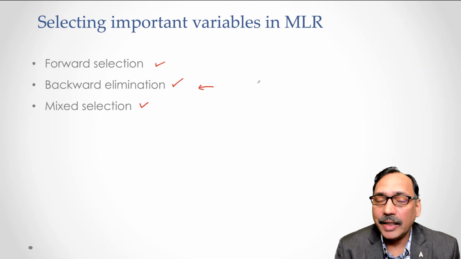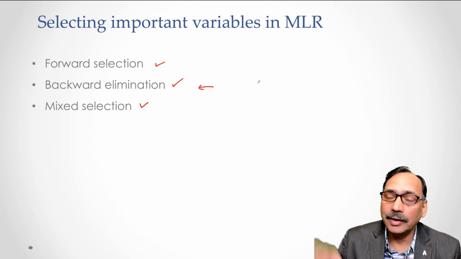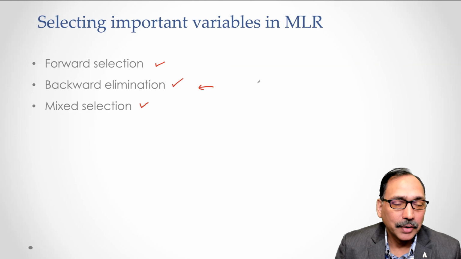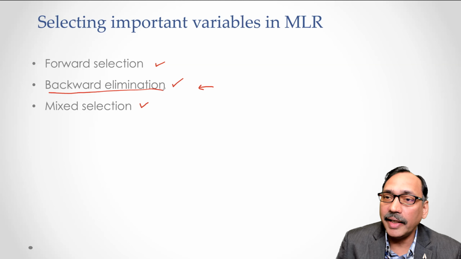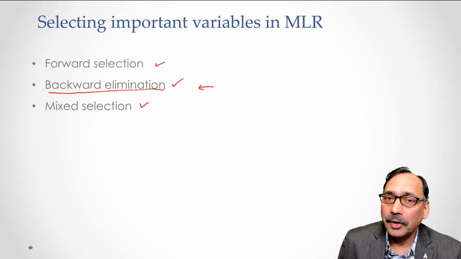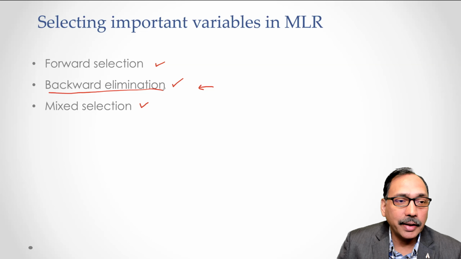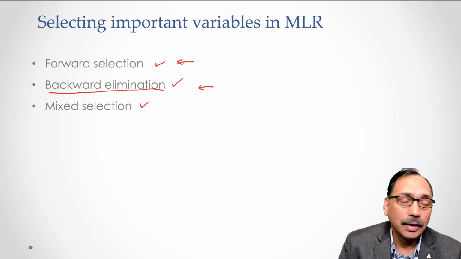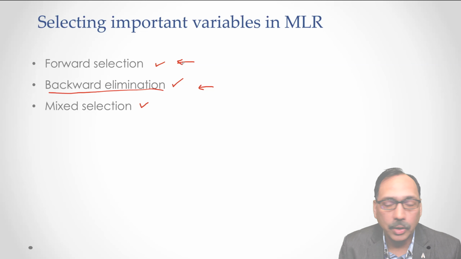But if you have a data set where you have 500 independent variables and only 50 or 100 rows, much smaller than how many variables you have, then backward elimination is not possible. Actually, you cannot create a model with 500 independent variables where there are only 100 or 50 rows of data. So there we may have to stick to forward selection. You start with one, so that way you can one by one get rid of the ones that do not work.